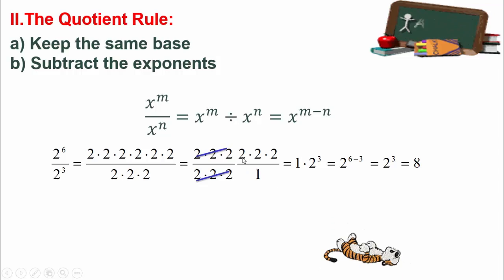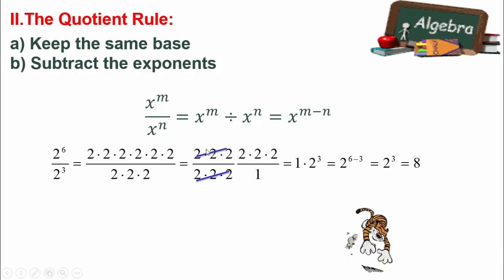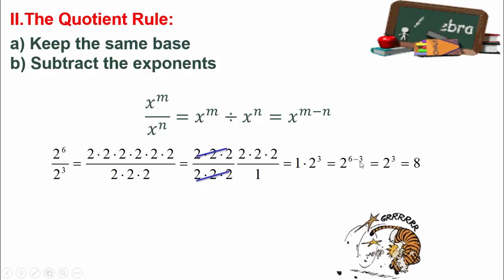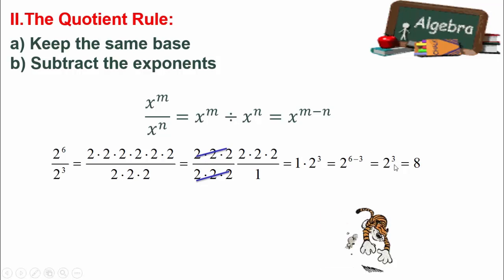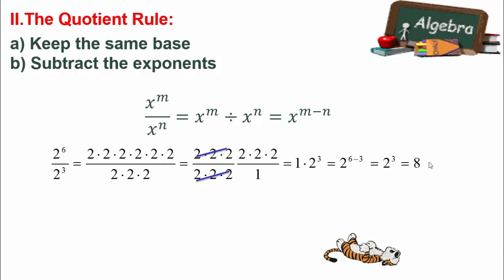That means I have 2 times 2 times 2, or 2 cubed, and the canceled part is essentially 1 because they're exactly the same. So that's the same thing as saying 6 minus 3, which is also 2 cubed. If we work that out, 2 cubed is 8.